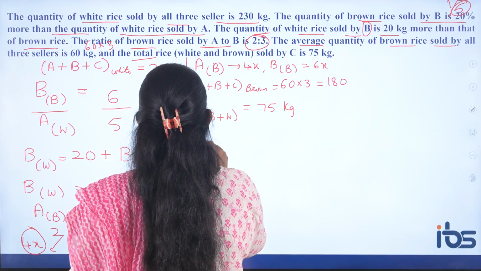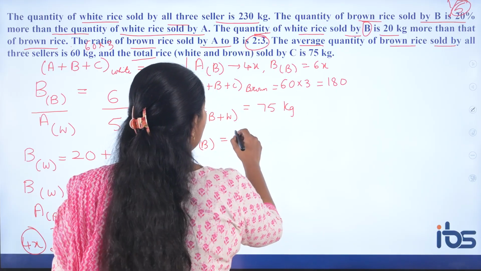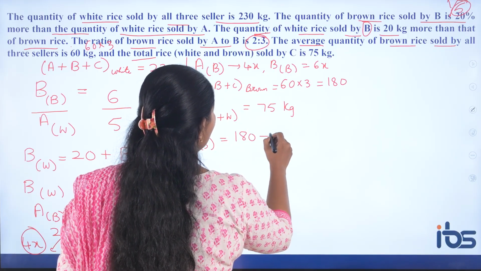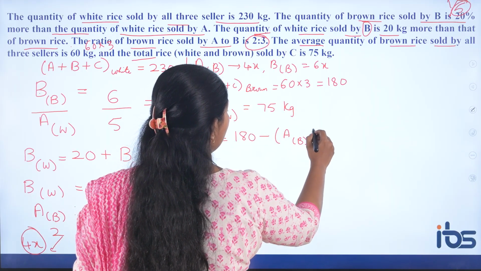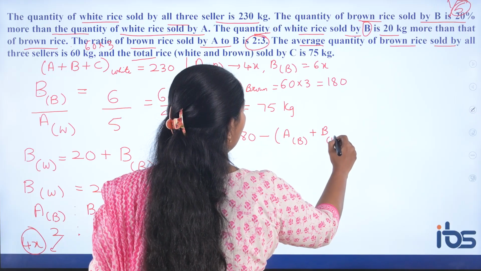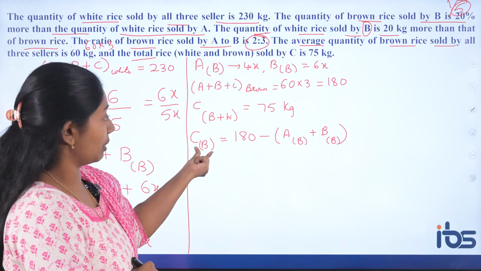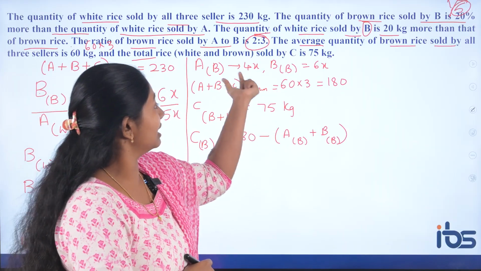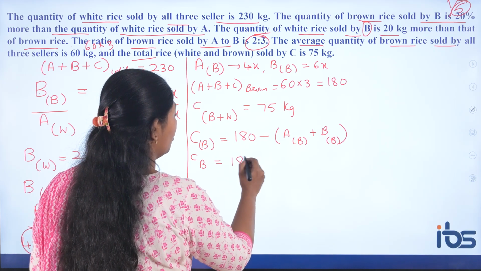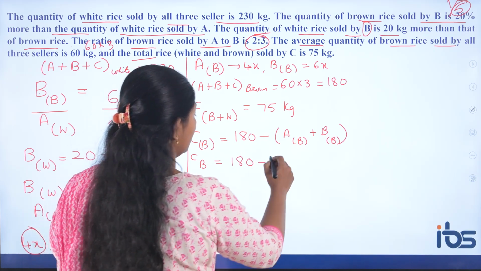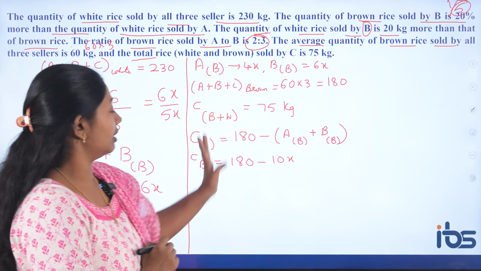C seller's brown rice is total brown rice minus A's brown plus B's brown. So C seller's brown rice is 180 minus 10x. 180 minus 6 plus 4, 10x.